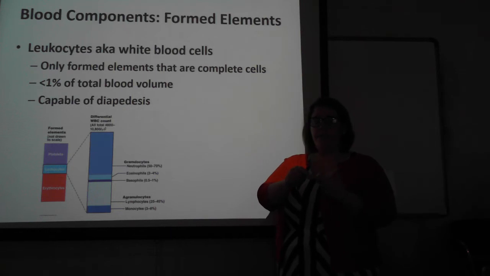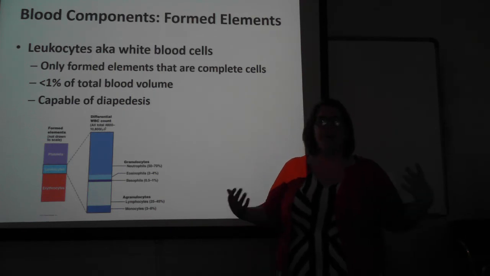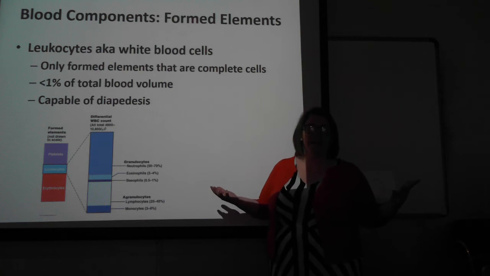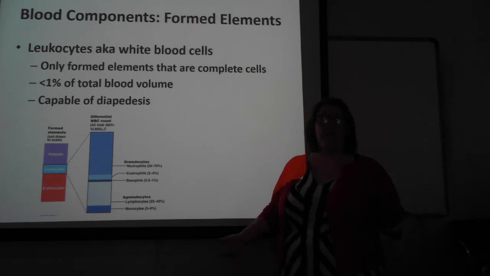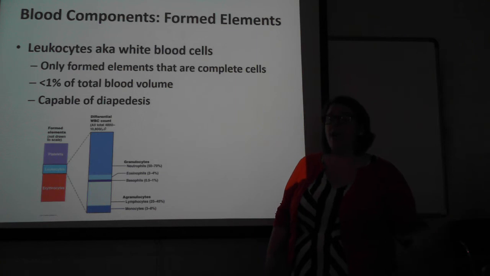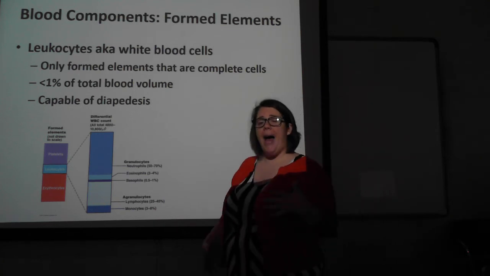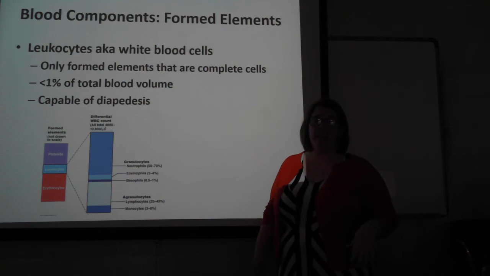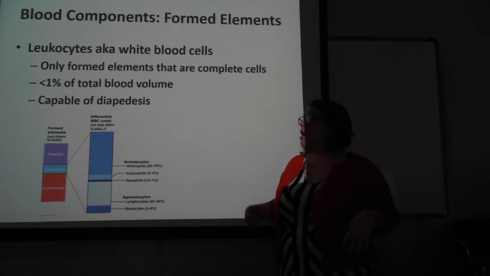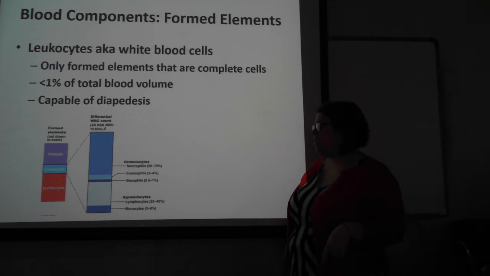So for example, if you cut yourself, or you have a burn, or any other kind of breach of your skin, often bacteria or viruses or other pathogens are introduced into that tissue. And so white blood cells are going to want to move to where those bad pathogens are, rather than waiting for the pathogens to get into the bloodstream. We'll talk more about how diapedesis works here in just a little bit.